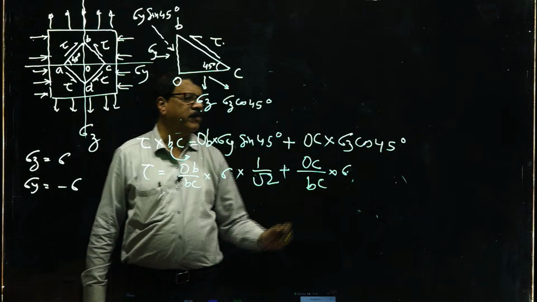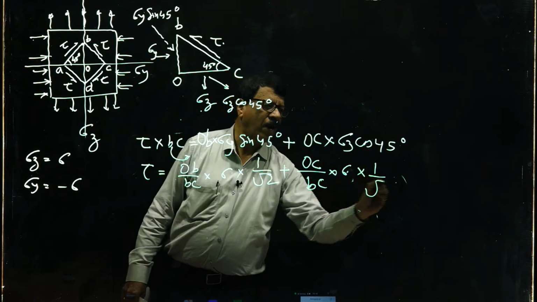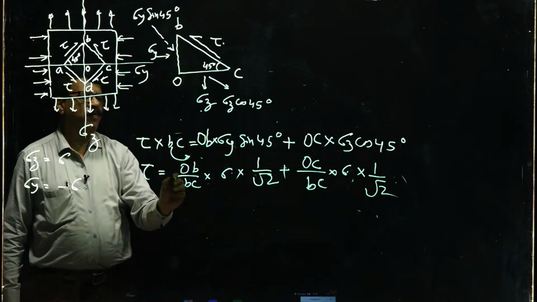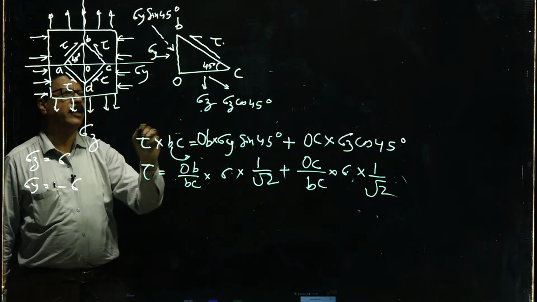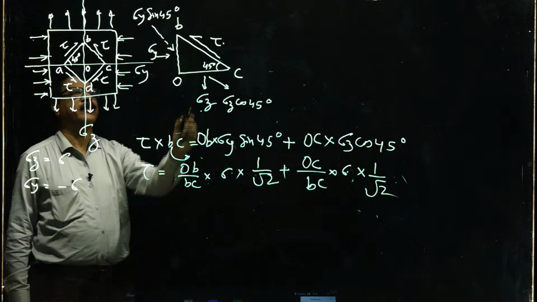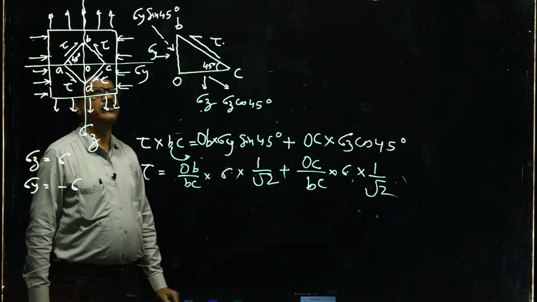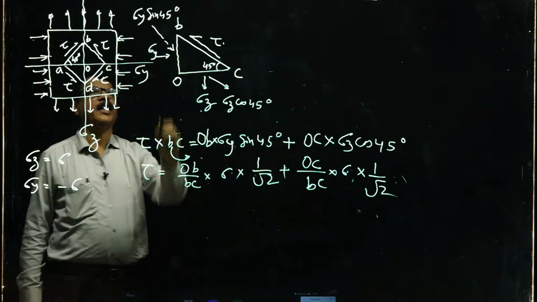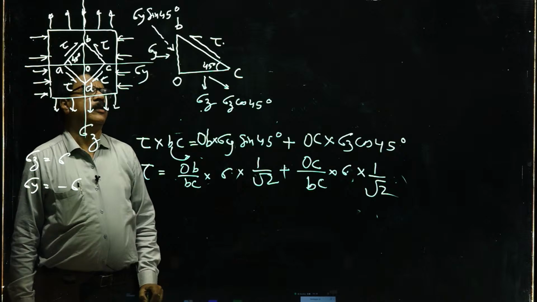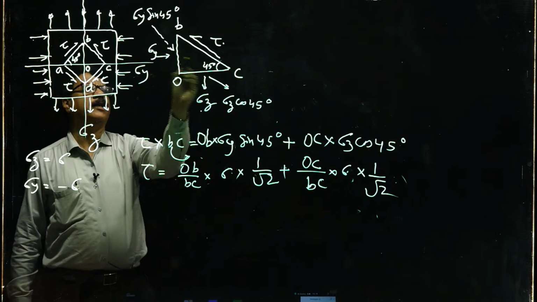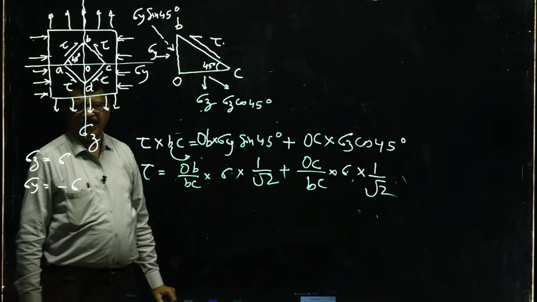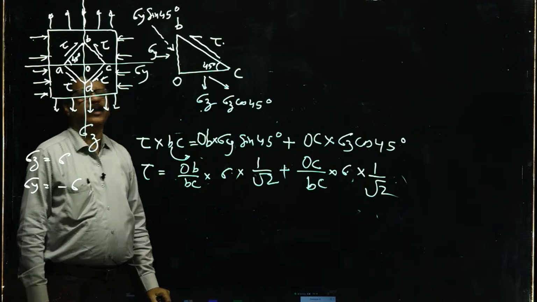Cos 45 is again 1 upon root 2. Now, in this triangle, what is OB upon BC? Sin, cos, tan. If the angle is this, OB upon BC in this triangle. The side opposite the angle is called perpendicular, the side which makes the angle is called base, and the longest is the hypotenuse. There are three sides.